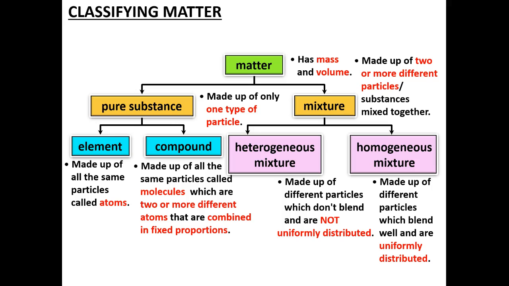With mixtures, you're going to have two or more different particles mixing together, heterogeneous and homogeneous mixtures. Homo looks the same throughout, homogeneous having the uniform distribution and blend, and heterogeneous not mixing, not blending, not having that uniform distribution, so you see the different parts.